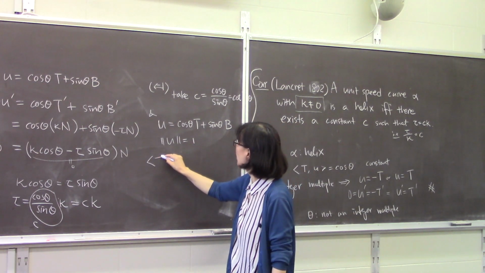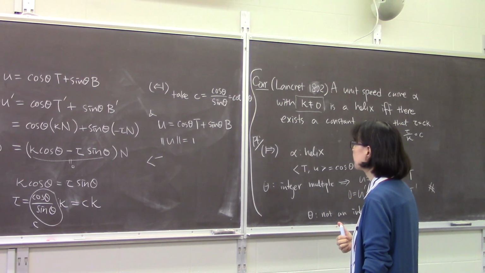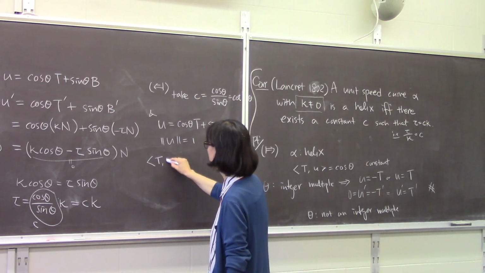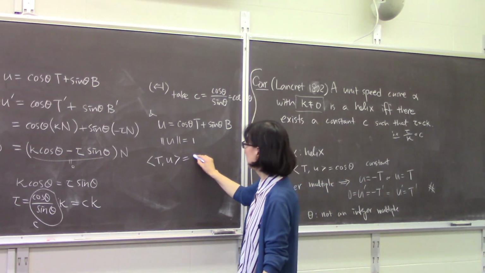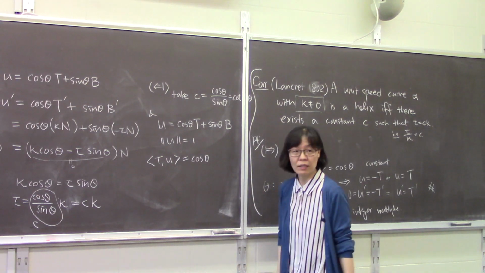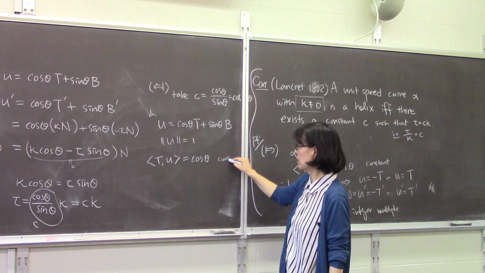Then what is the inner product of t and u? That is cosine theta, and that is a constant.